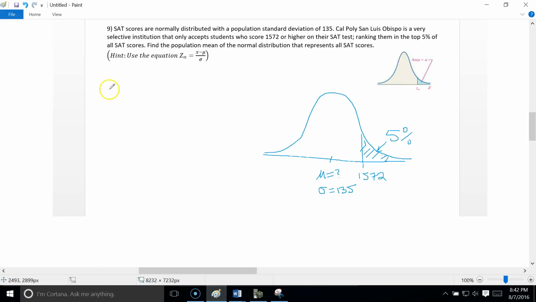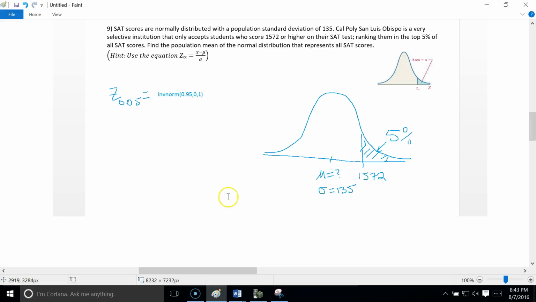That's going to be exactly z sub 0.05, and that's going to be equal to inverse norm of 0.95, because the calculator function wants the area to the left, comma 0, comma 1, because we are talking about the standard normal distribution at this point.